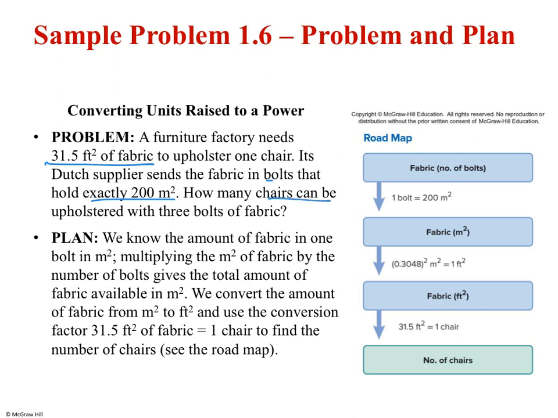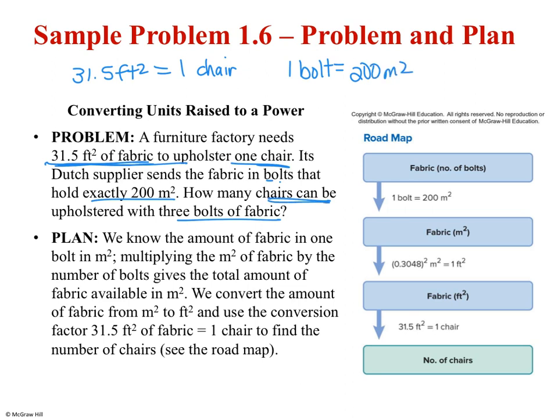How many chairs can be upholstered with 3 bolts of fabric? Okay, now, even though this seems like a number with a unit, it's really 31.5 feet squared of fabric to upholster 1 chair. So that equals 1 chair. You see how that's a conversion factor? Its Dutch supplier sends the fabrics in bolts that hold, so 1 bolt equals 200 meters squared.